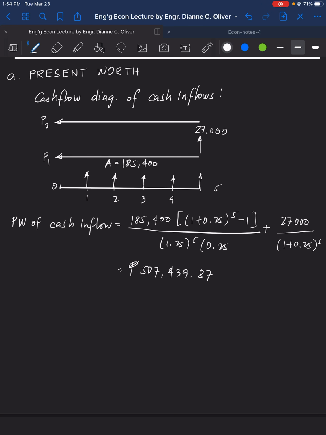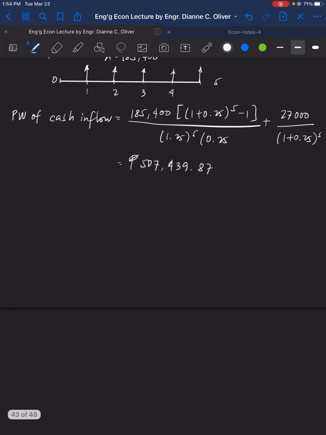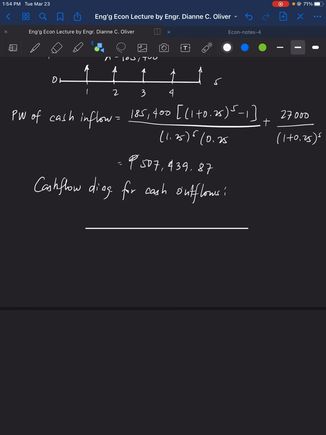How about for cash outflow? For cash outflows, again, this is year 0.